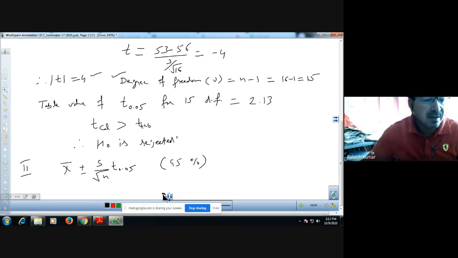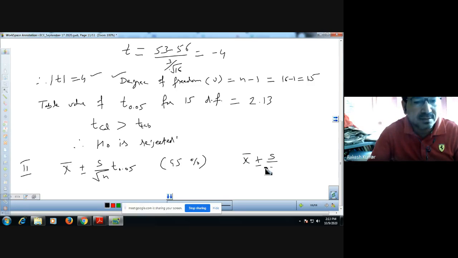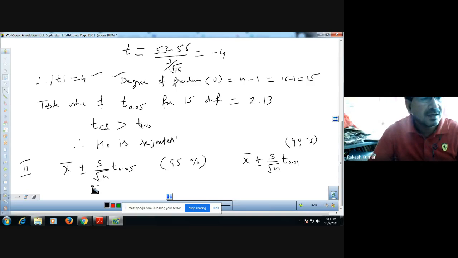And the formula for the 99% confidence limit will be x bar plus minus s over square root of n into t 0.01. This is for the 99% confidence limit. And substitute the values now.